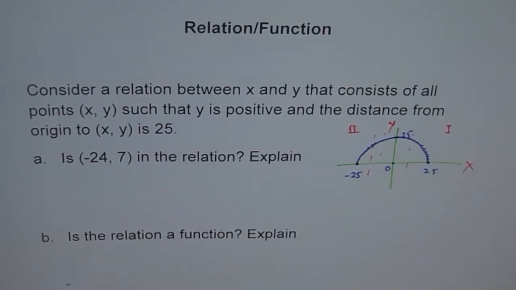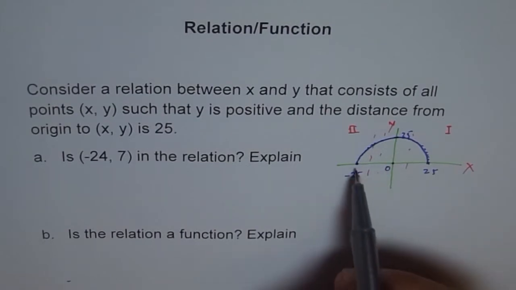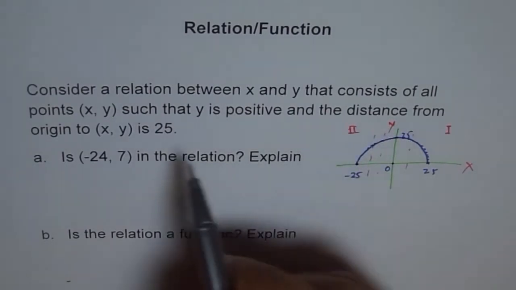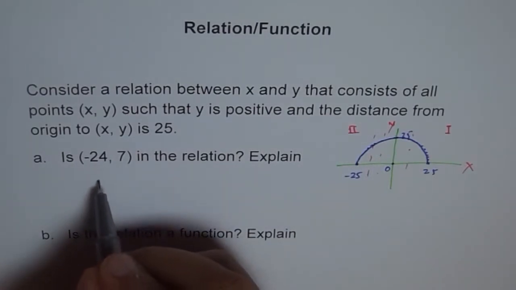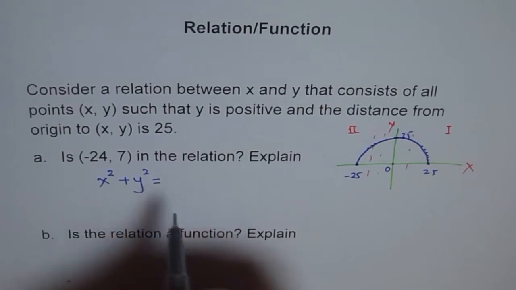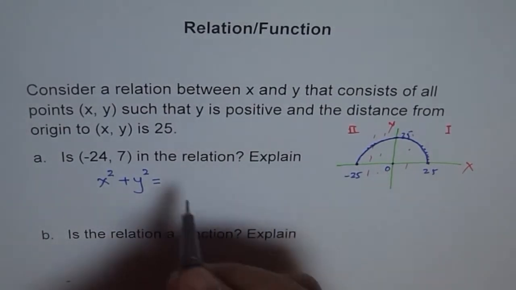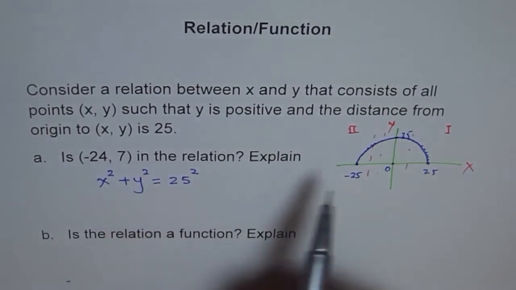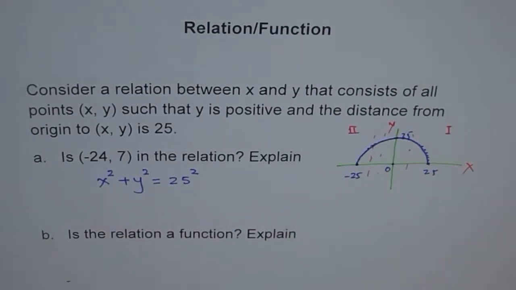So what is the equation for this function? Let me first write down the equation. The equation of a circle with radius 25, since the distance is 25, should be x squared plus y squared equals radius squared, and the radius is 25, so we write 25 squared, correct? Is this the equation for that function?